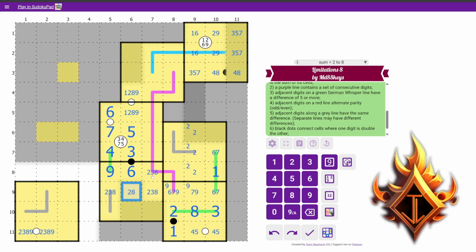Then there will be one other number with it as well. There's going to need to be a 4 somewhere. Maybe I won't do that. Not yet, anyway.